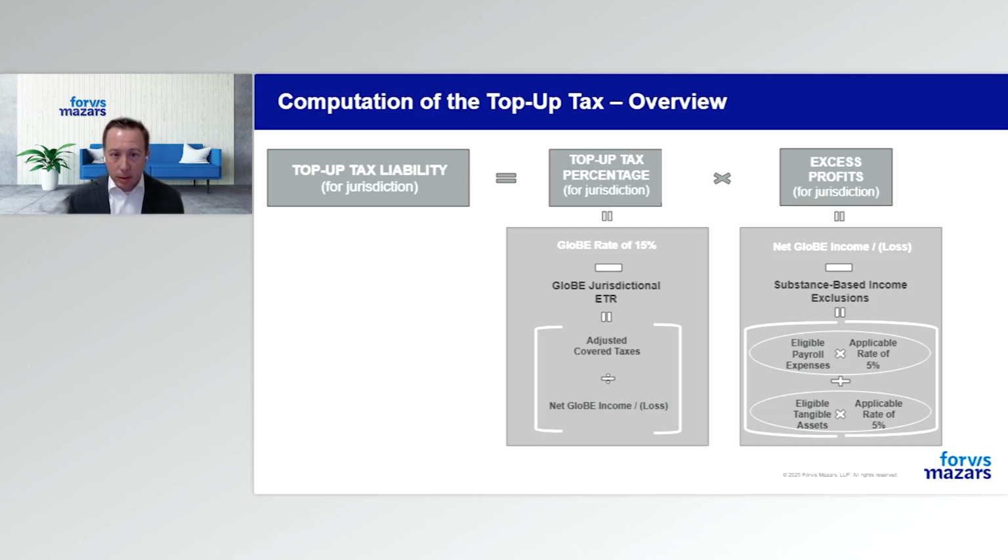And if we are below 15%, then there's a possibility of a top-up tax if we have excess profits, which would be net GloBE income less substance-based income exclusions. So we've got some carve-outs for income that's not subject to this top-up tax. If we do have excess profits and an effective rate below 15%, then we've got a top-up tax liability in the jurisdiction that we're looking at.